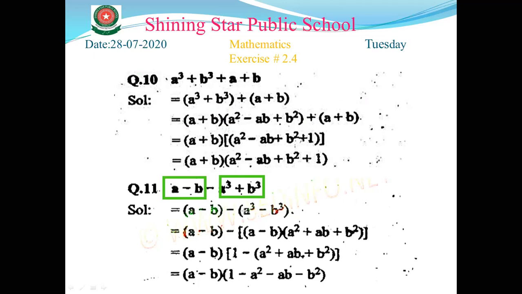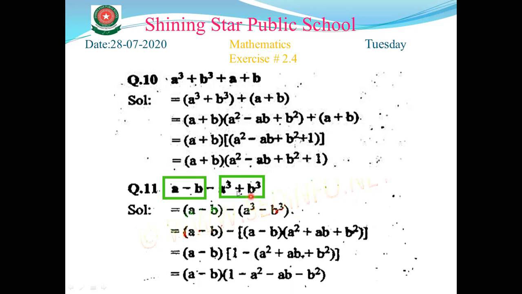So when we take the common minus 1, we get here a³ minus b³, because whenever we multiply minus 1 within the bracket, it changes all the signs of the variables, and if we take the common minus from the bracket, it again changes all the signs. Okay, I hope you understand.